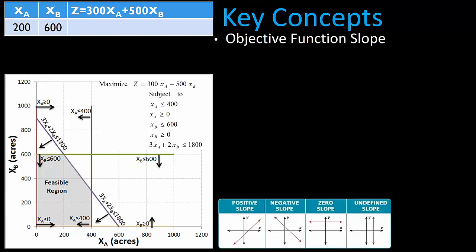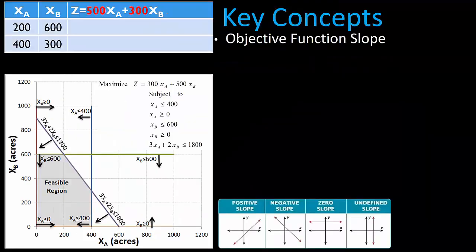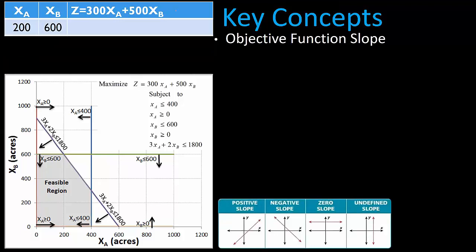Okay, so I'm going to do exactly the same as I did with the previous one. Remember that the value here is 360,000. So I'm going to set this one as 360,000, and we know that's this point in here. We know what those coordinates are, but I don't know what the slope is, I just know that the equation is passing through there. I want to know how that line actually looks like. So what if XA is equal to 0?